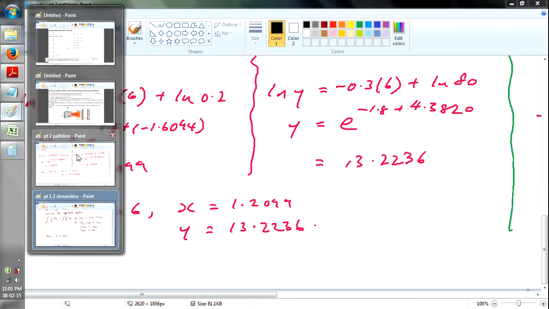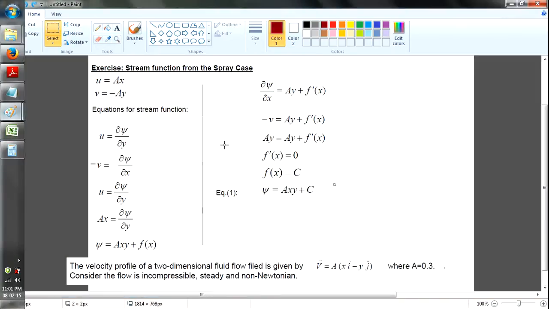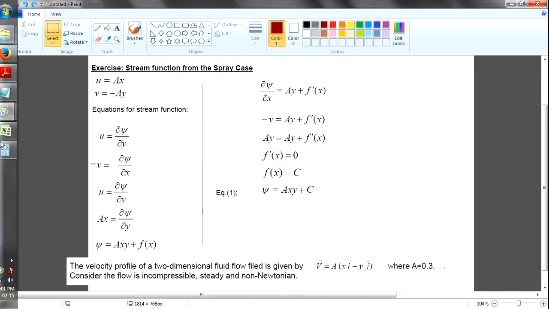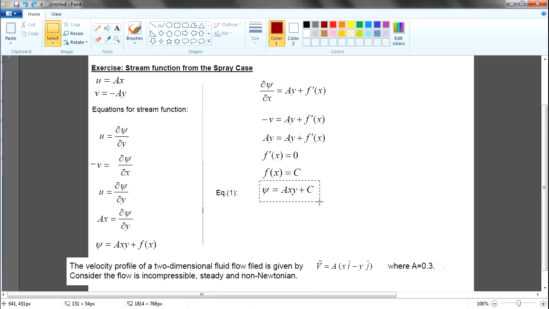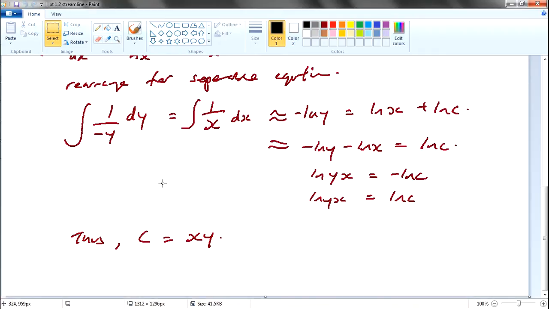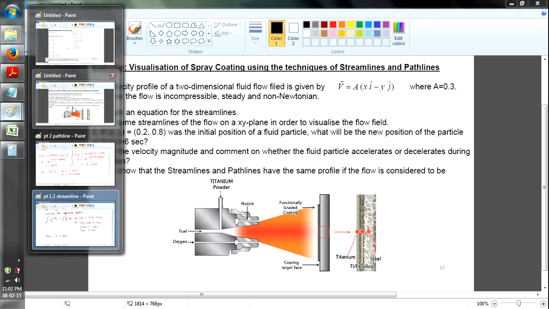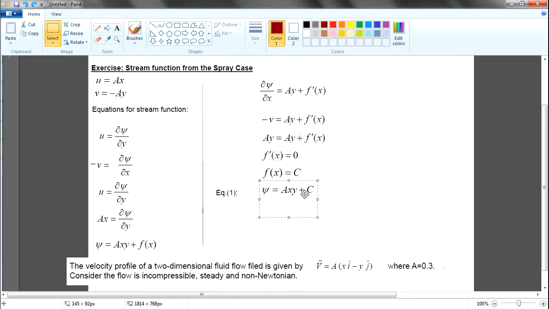So how does this relate to their stream function? I have no idea, but they should be the same. You may ask whether this equation will eventually derive the same answer as what is shown over here.